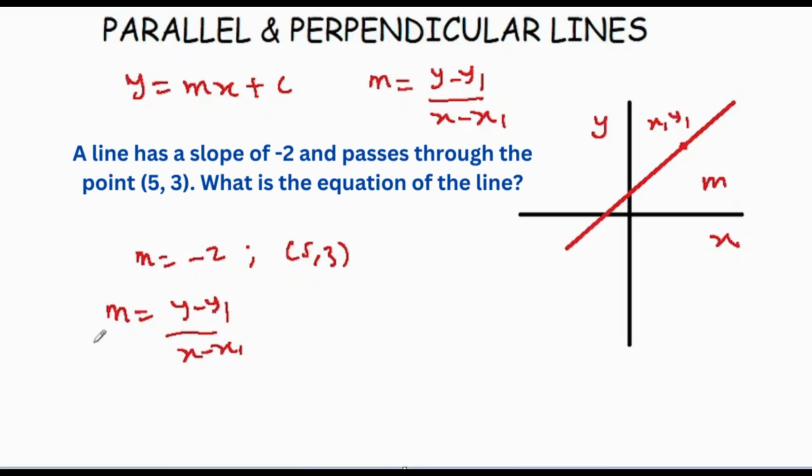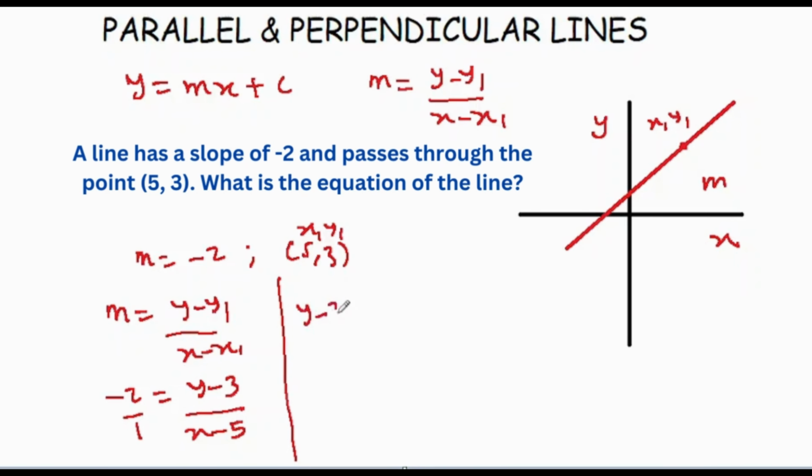This formula will help us to get the straight line passing through the point (5, 3). So our slope is -2, and we have y minus y1, where y1 is 3, and x minus x1, where x1 is 5. So this is actually divided by 1, and so we can cross multiply.